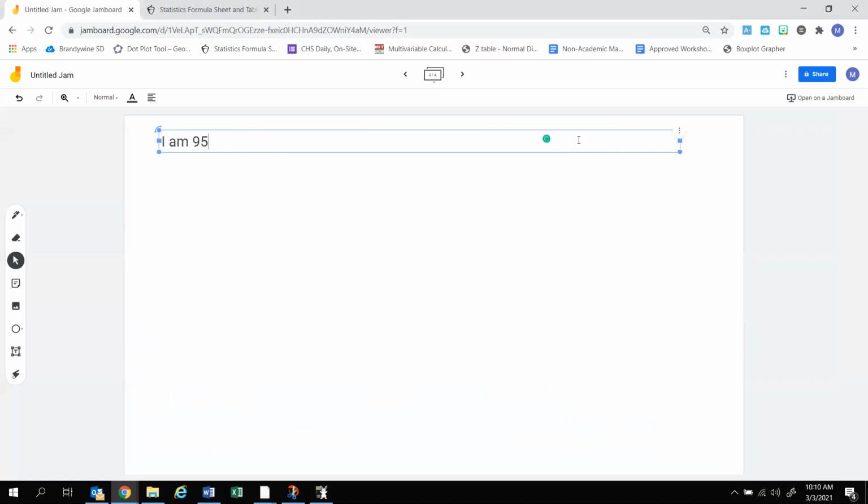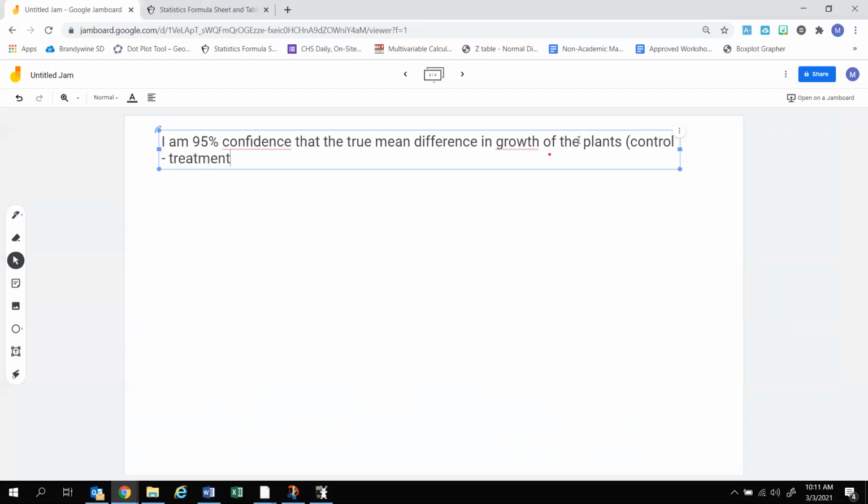I am 95% confident that the true mean difference in growth of the plants, control minus treatment, actually, yes, mean difference, average, same thing, is between, and then just throw your interval in there, negative 2.75 and negative 1.28 centimeters. That's how you interpret a confidence interval. This should be the word confident right here.